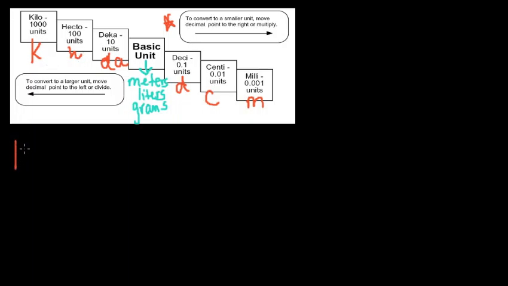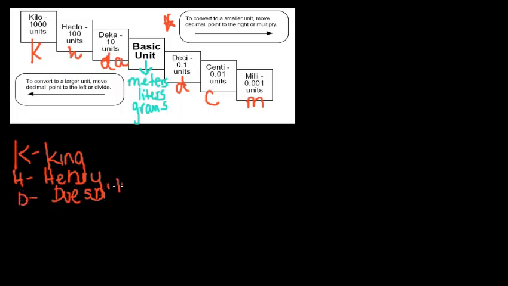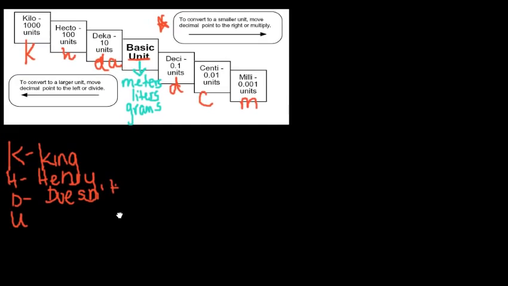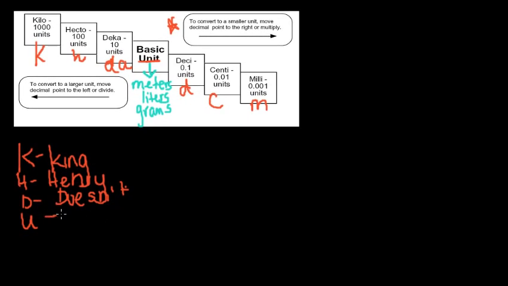Okay, but here's your little phrase. You might have heard something like this to remember. The K stands for king. H would be Henry. D, doesn't. The U is for the basic unit, okay? Usually.